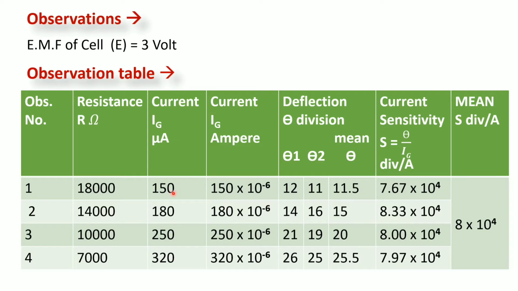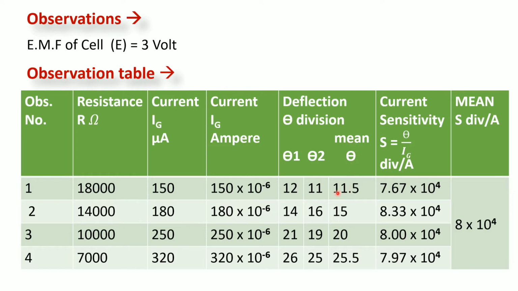Now we have converted this microampere current into ampere. So 150 microampere is nothing but 150 into 10 raised to minus 6. Thus we have converted all the microampere values into ampere, and then we have calculated the current sensitivity of a table galvanometer. For the same current, we measure 2 deflections on either side of the zero marking of the galvanometer, and we take the average deflection.